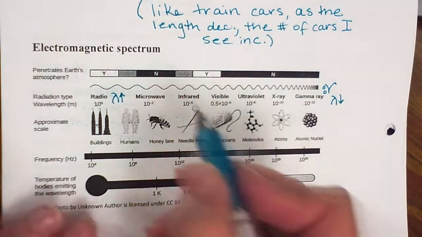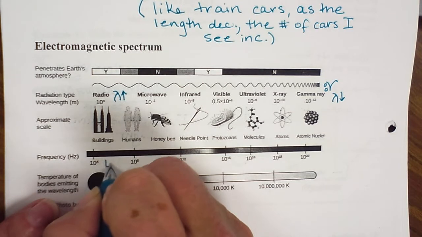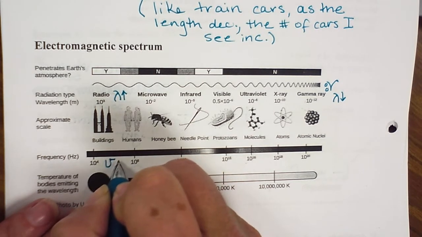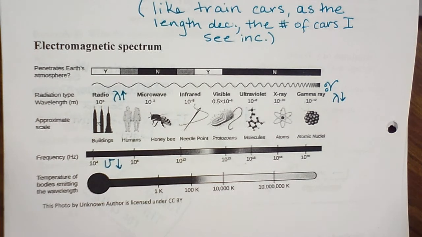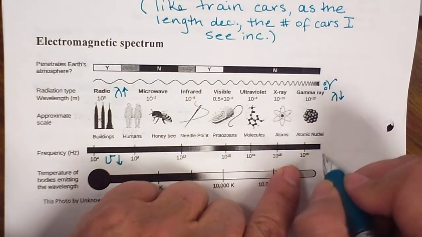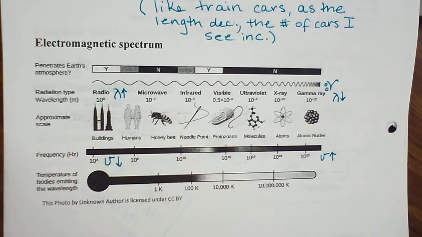So when we talk about the frequency of the radio waves, we're talking about being very low, at 10,000 waves per second. They're moving rapidly, aren't they? To very high, at 10 to the 20th passing you per second.